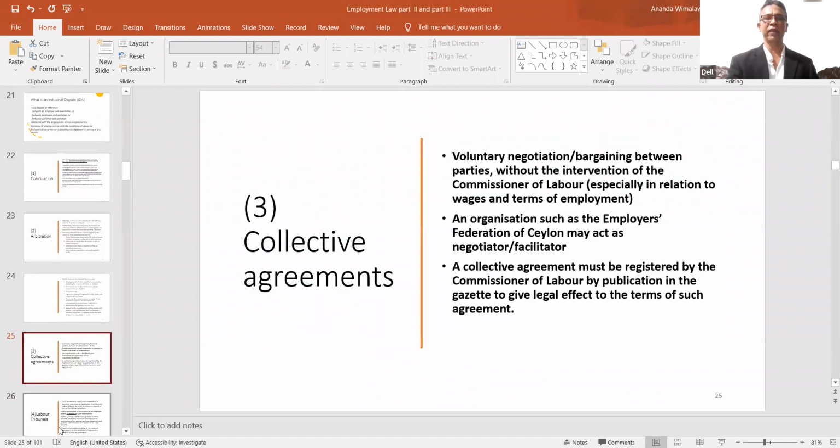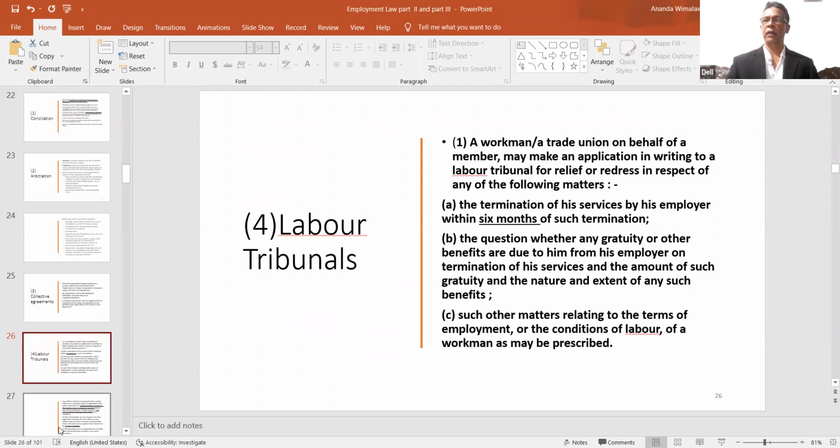So, ladies and gentlemen, the next subtopic is labor tribunals, LT, Kamkaru Vinishya Adhikariya, labor tribunal.